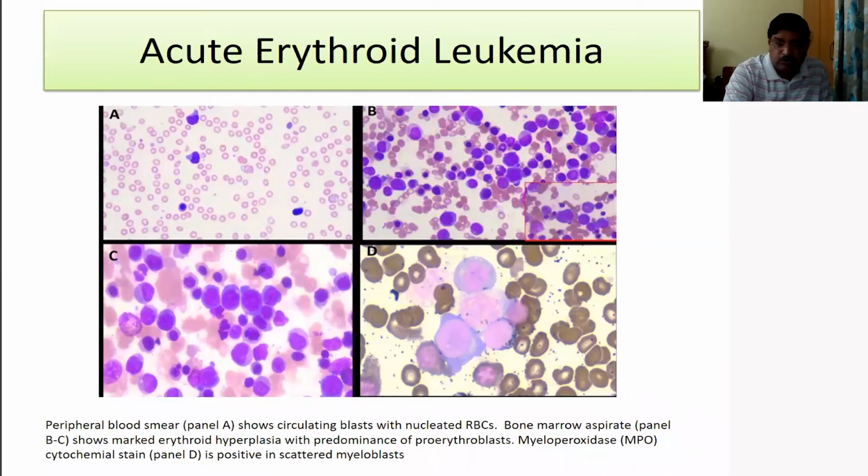In olden days, we used to do PAS on these smears, and if they are granular PAS positive and MPO negative, we used to call them erythroblastic leukemia. So classification has evolved in that way, as to why we need to morphologically define erythroid maturation. In the new 2022, you have AML with erythroid differentiation. You have AML with megakaryoblast differentiation, which you'll see in the next slide.